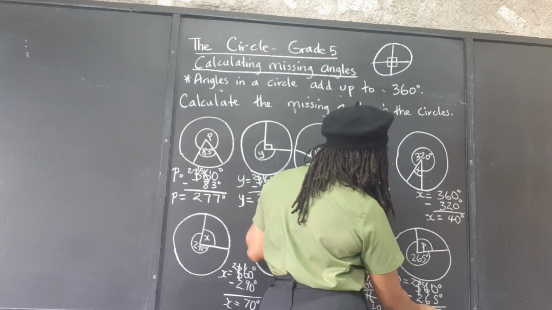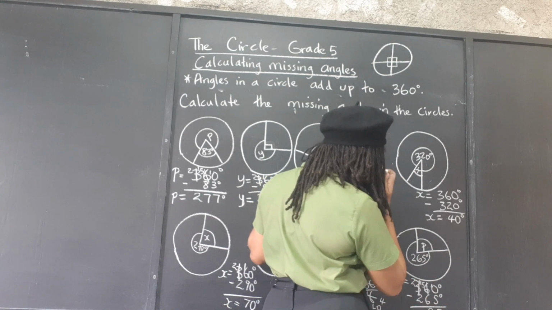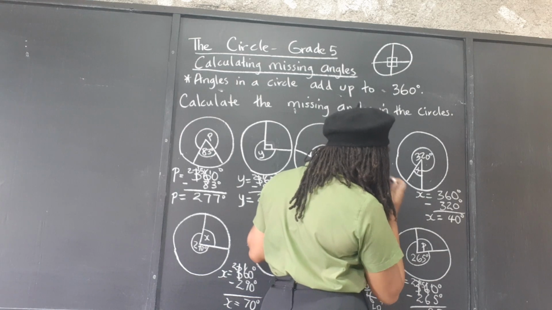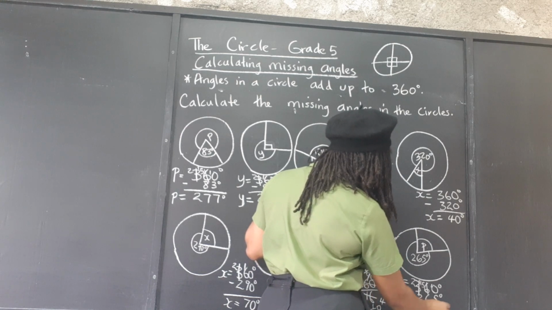So 6 from 15, that's 9. So angle P is 95 degrees.